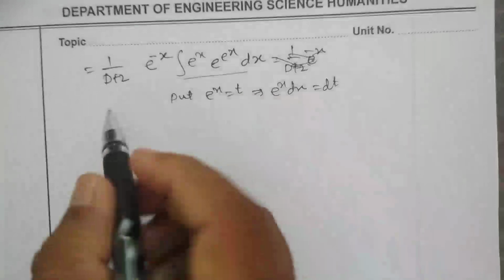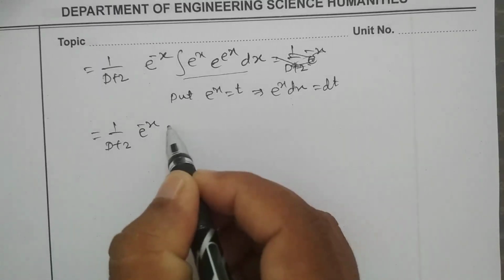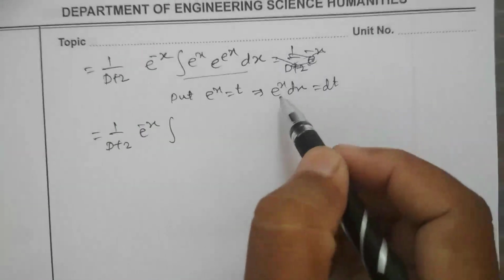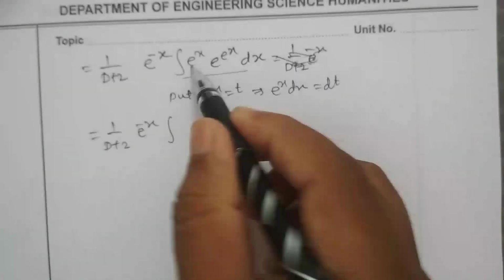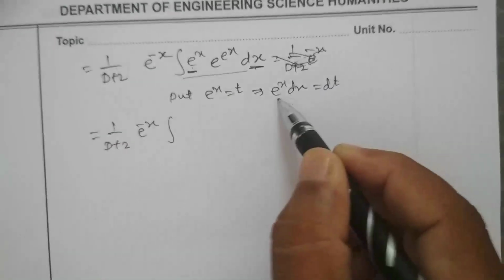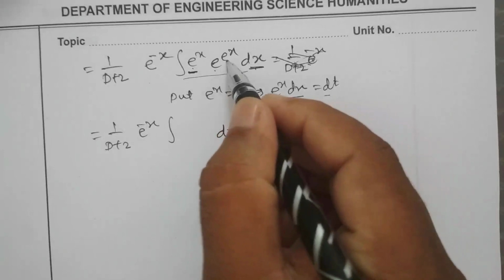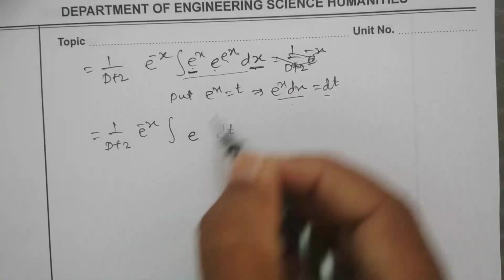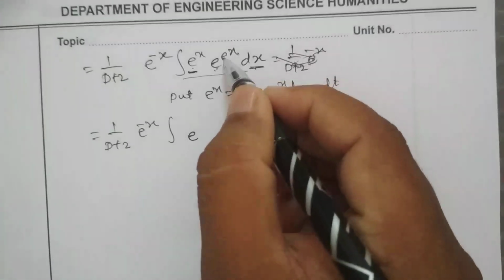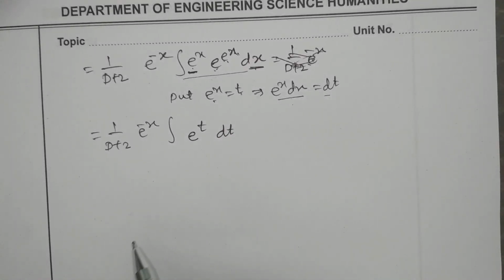Put these values here, so you will get 1 upon D plus 2 e raised to minus x as it is, integration as it is. Now this term e raised to x into dx is dt. The remaining term is e raised to x, out of that the first e is as it is, and the power e raised to x is t, so here you will get t.